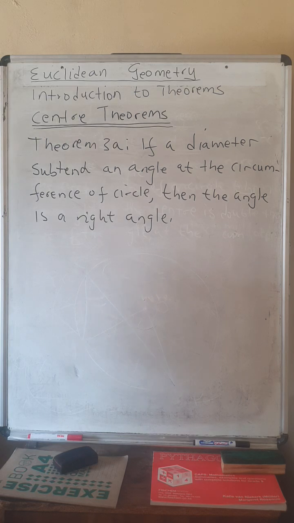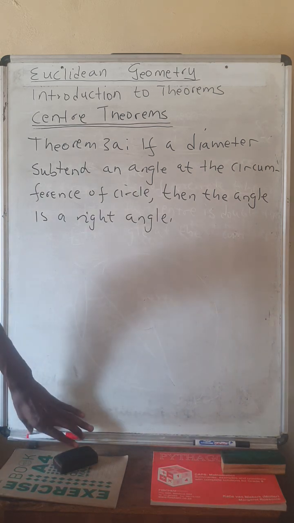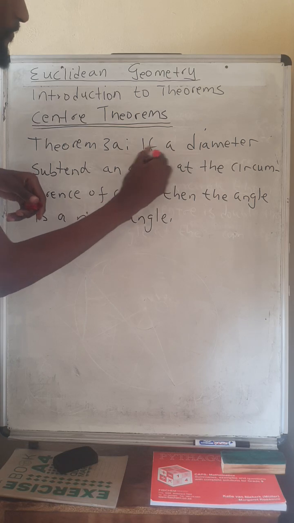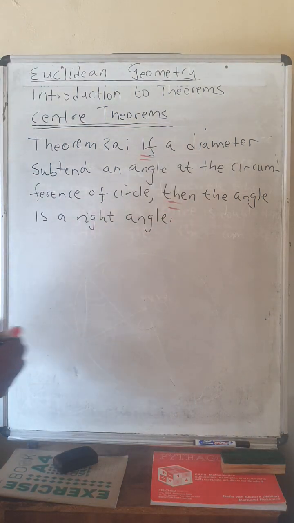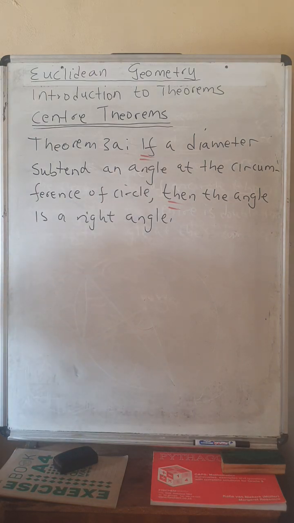It says that if a diameter subtends an angle at the circumference of a circle, then the angle is a right angle. So what is the condition here? Like I said, the if part and then the then part. The condition here is a diameter that subtends an angle at the circumference of a circle.